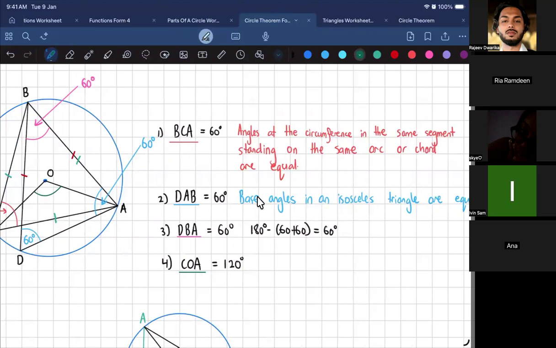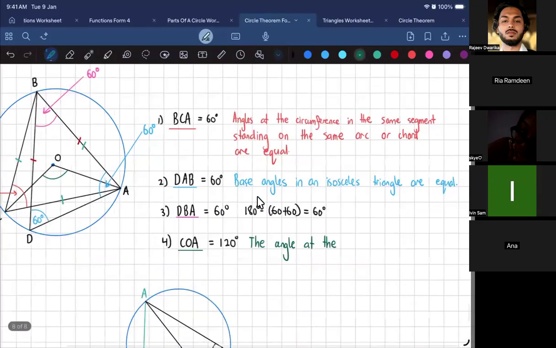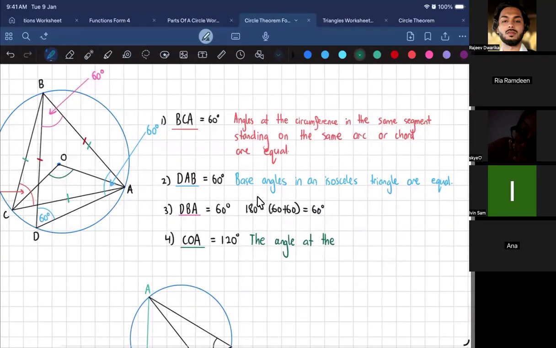Right? So, Sky, could you tell me the full theorem I used? I'm gonna start you off at the angle at B. Here, we'll try to figure it out as we go along. So look at what we did. We said that the angle at the circumference is half the angle at the center.